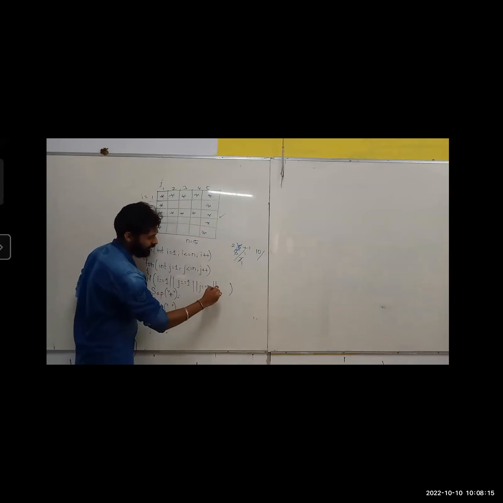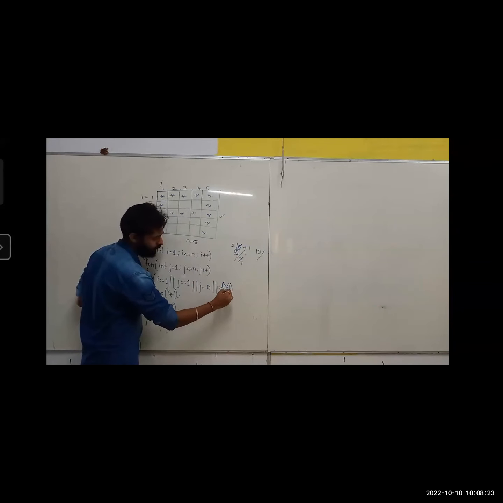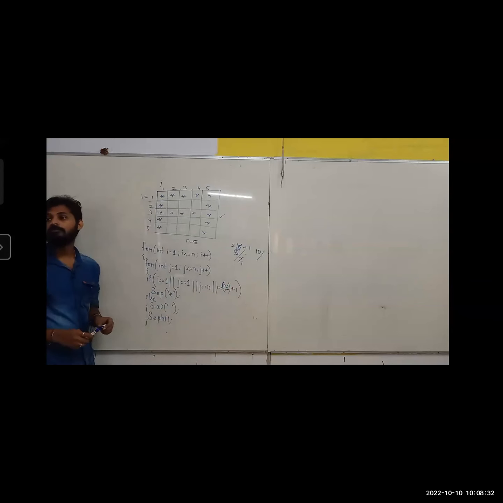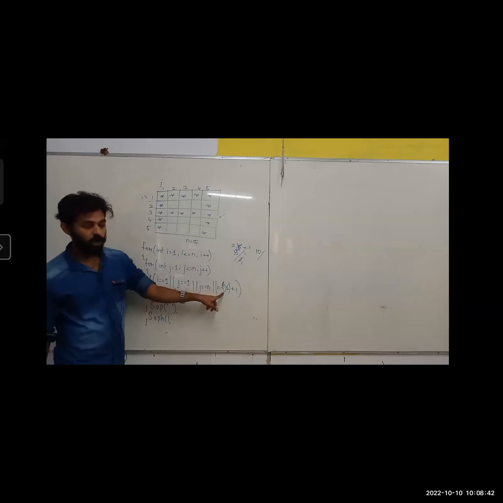Now you can write whenever i value becomes equal to n by 2 plus 1. Here this is for odd.